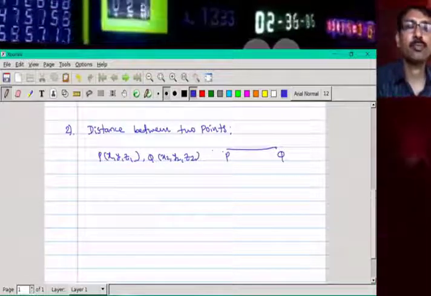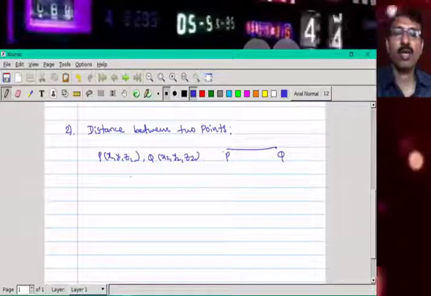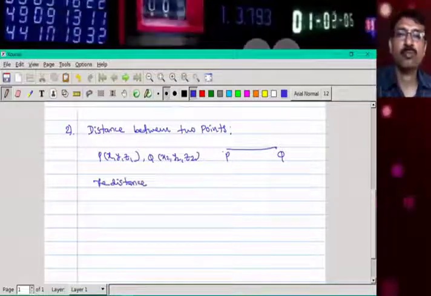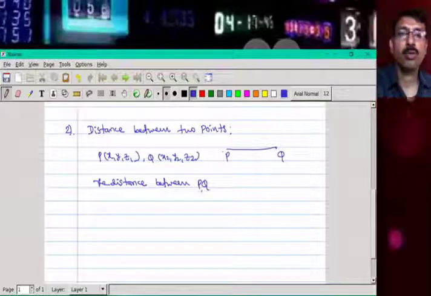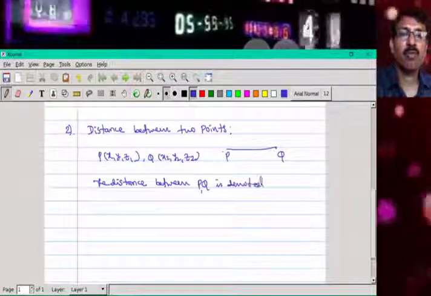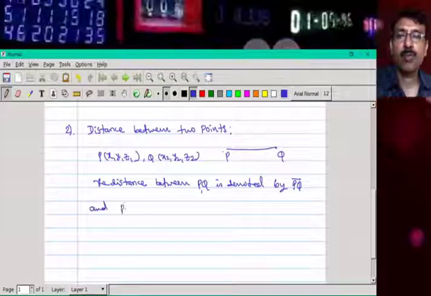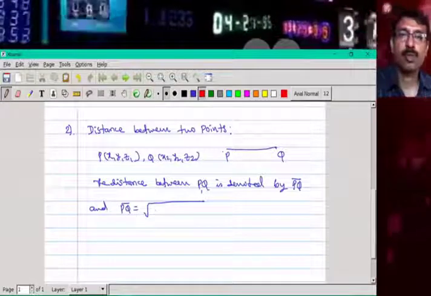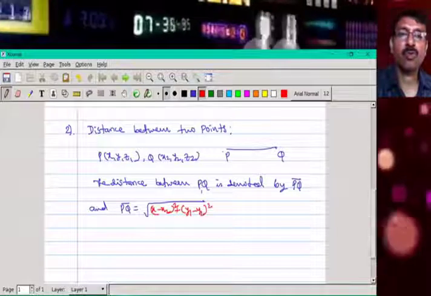The distance between P and Q is denoted by PQ bar, and PQ bar is equal to the square root of (x1 minus x2) whole square plus (y1 minus y2) whole square plus (z1 minus z2) whole square.